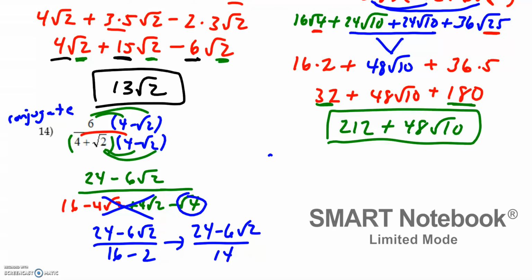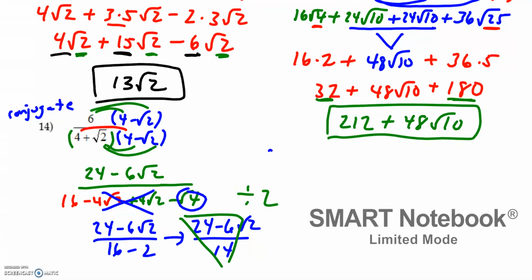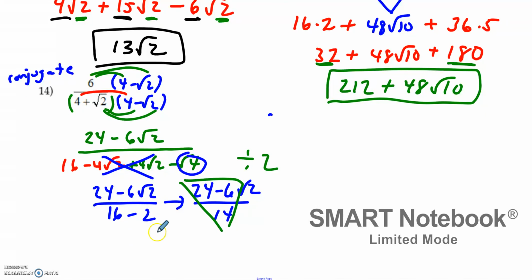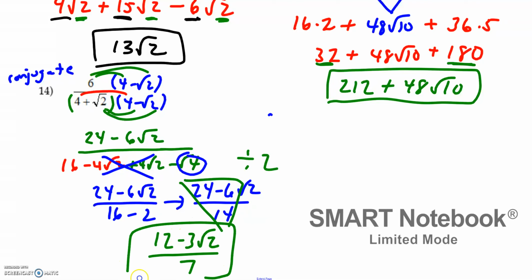And just like the quadratic formula, I can reduce this by taking out a GCF of 2. So the best final answer would be 12 minus 3 root 2 all over 7. And remember, I cannot divide the root 2 by 2 because these are not like terms.